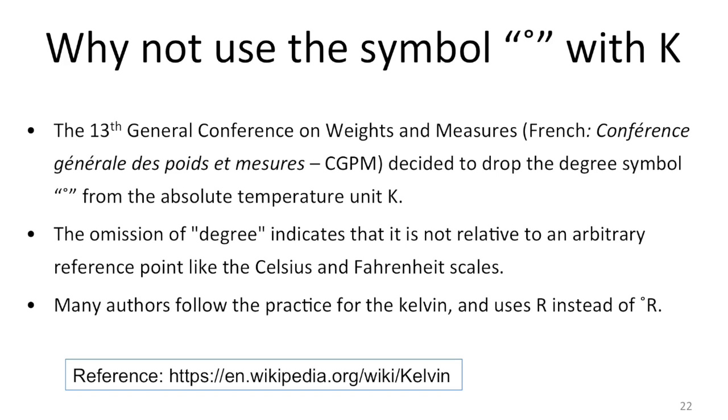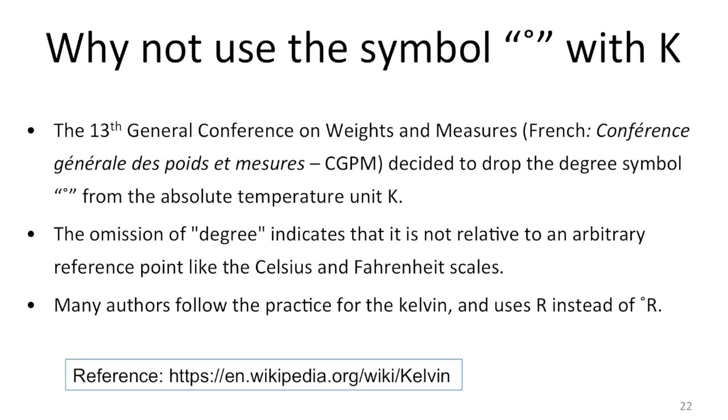The convention for not using the degree symbol with the Kelvin unit is from the 13th General Conference on Weights and Measures. I'm not going to attempt pronouncing the French name of the conference.